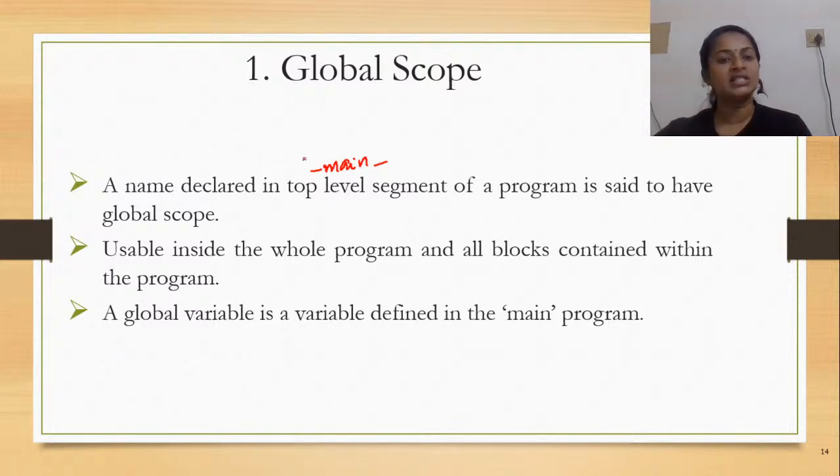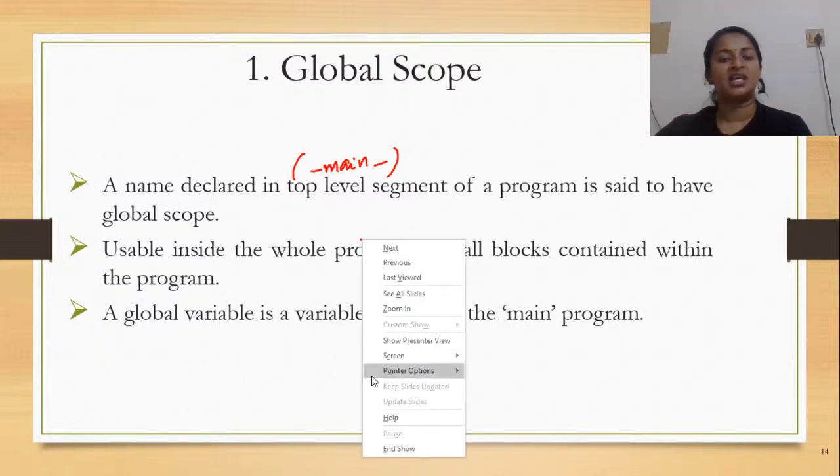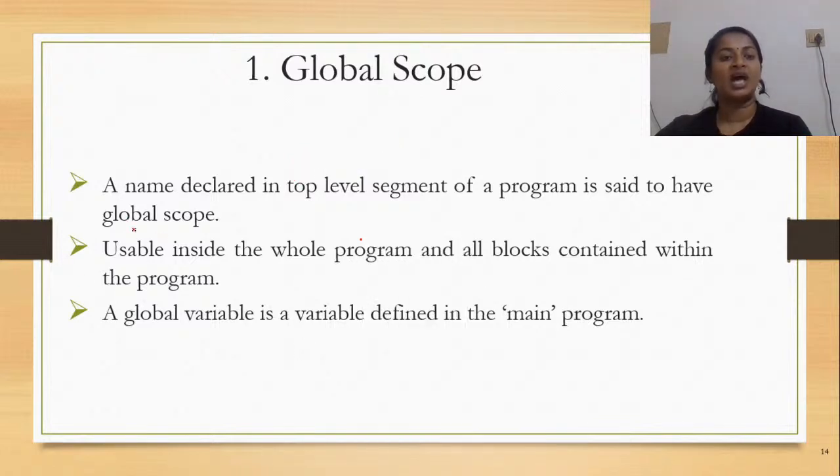So the top level segment should be the main part of your program, and anything in the main program is believed to have global scope. It is usable inside the whole program. That means the usage can be done inside the whole program, starting from line 1 to the end of your program, and in all the blocks contained in it.